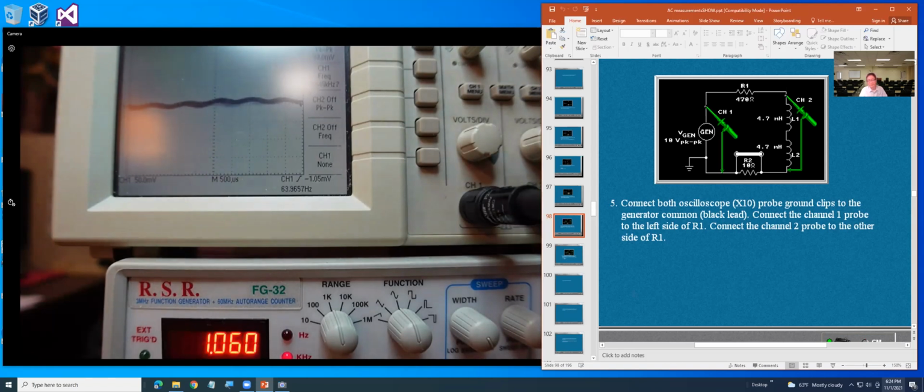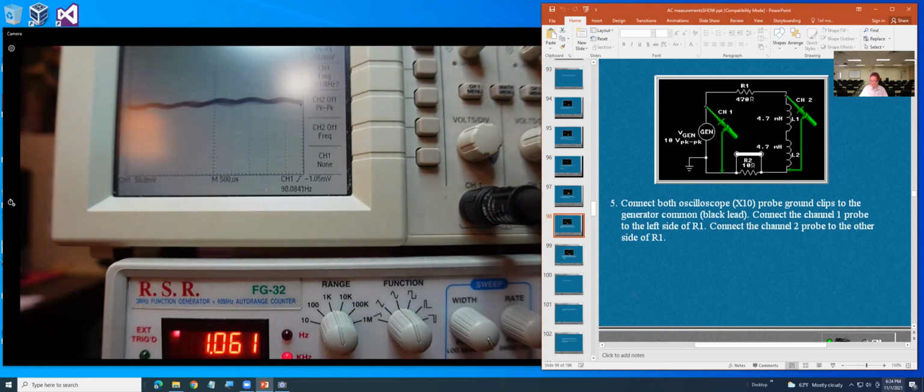That means they want VA minus VB. However, with a digital scope, we don't have to do it that way. We can measure channel 1 and measure channel 2, then apply channel 1 minus channel 2. Then we can get the job done.